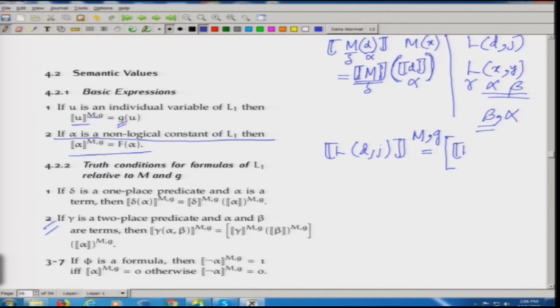First, the denotation of L with respect to m takes the second thing, beta, which in our case is j, the denotation of j with respect to m g, and then that function takes another argument, which is the denotation of d, the subject, with respect to m and g.